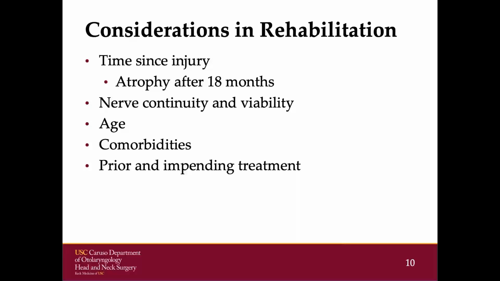Again, patient comorbidities are important because, for example, diabetes and microangiopathic pathologies significantly impair your regenerative capability. Consideration of the patient's current and impending treatment plans is important, especially if they are to undergo radiation.